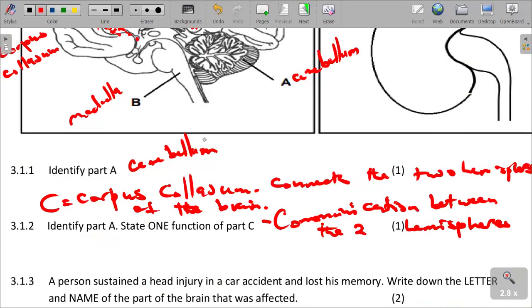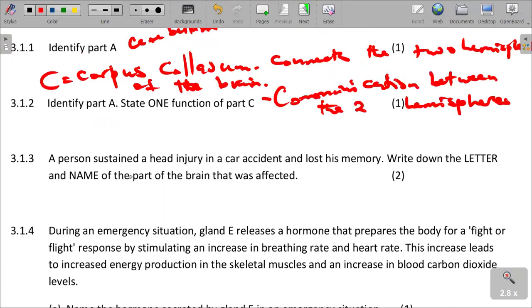hemispheres of the brain. And then: a person sustained a head injury in a car accident and lost his memory. Write down the letter and name of the part of the brain that was affected, the part of the brain that is responsible for memory.